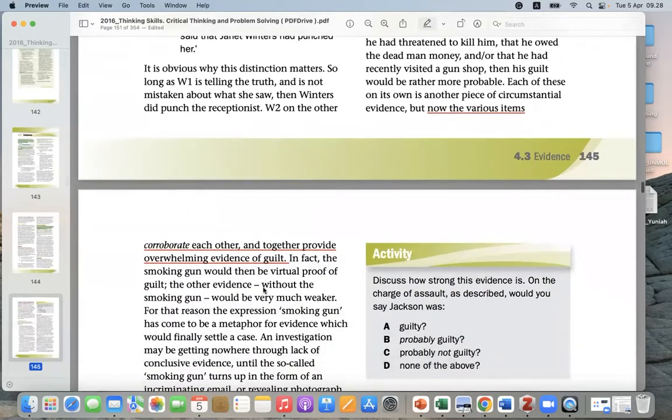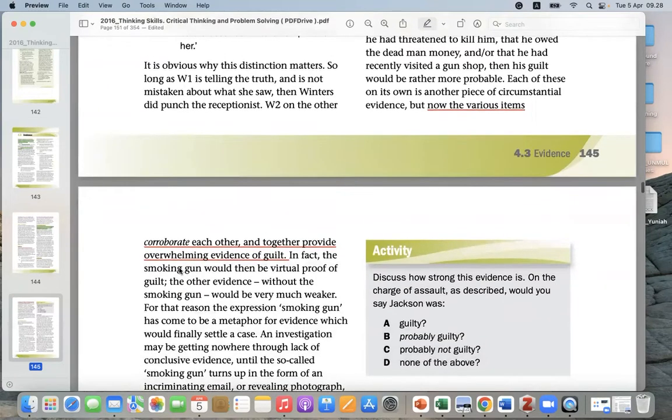So usually we have corroborate each other. It means that there are various items. What I mean is, when you have more than one piece of evidence, so much evidence, and the evidence is related to each other, it will bring you a final conclusion that your claim is good or your claim is right.